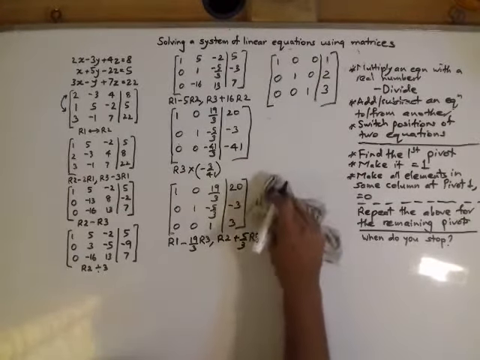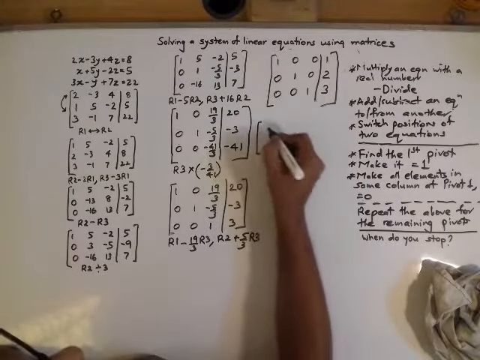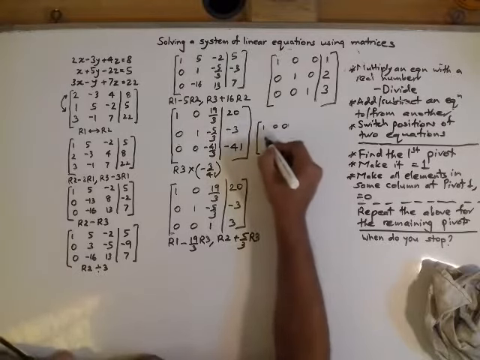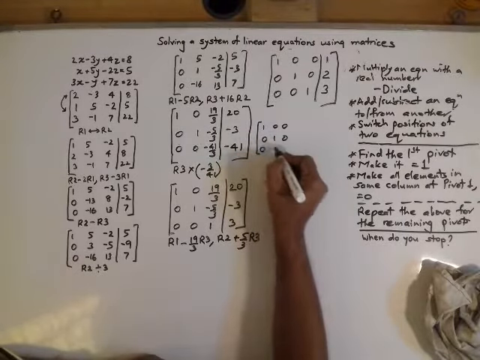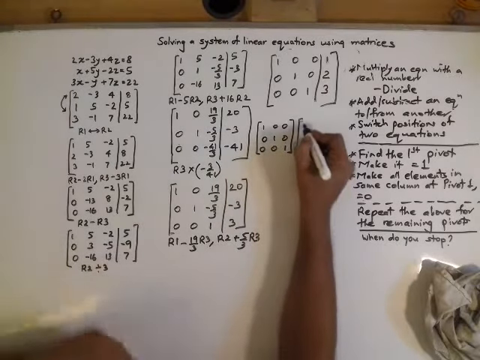Now, what this really means is we have come to a point where 1 0 0, 0 1 0, 0 0 1. Remember to get the variables back.